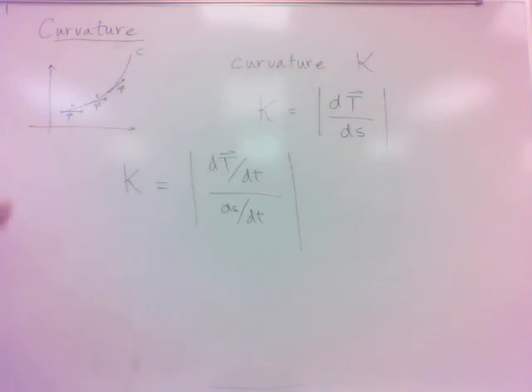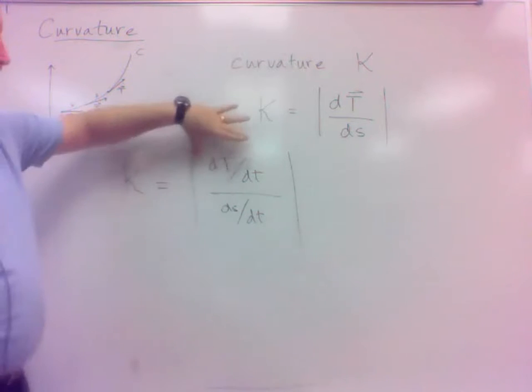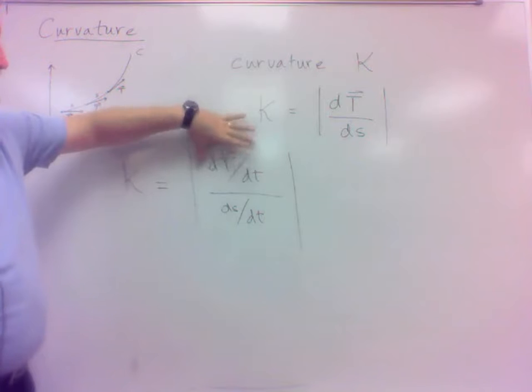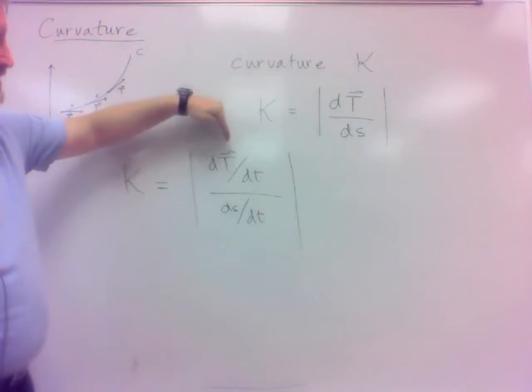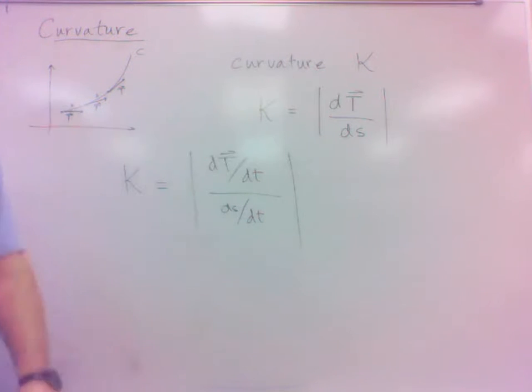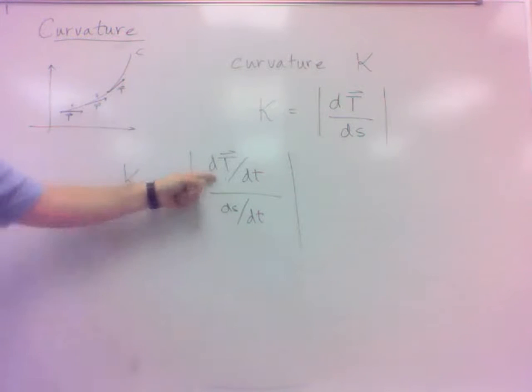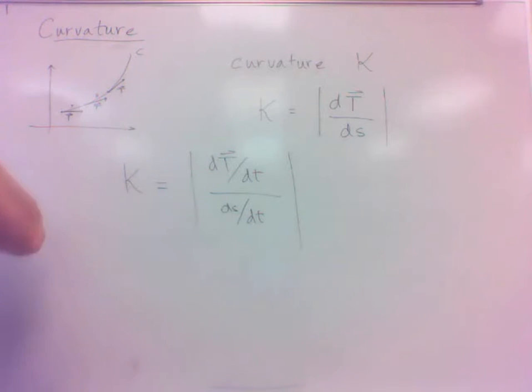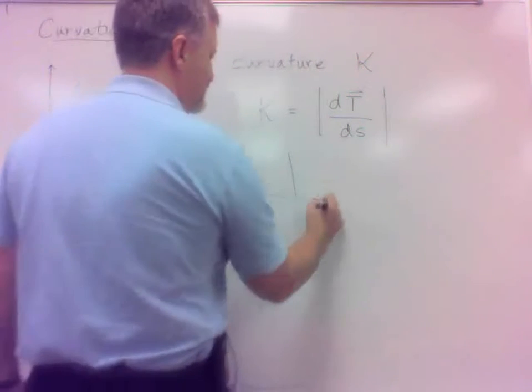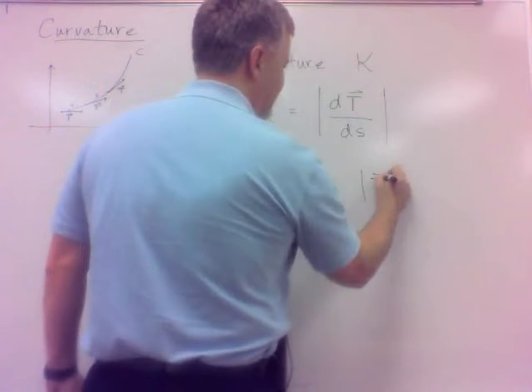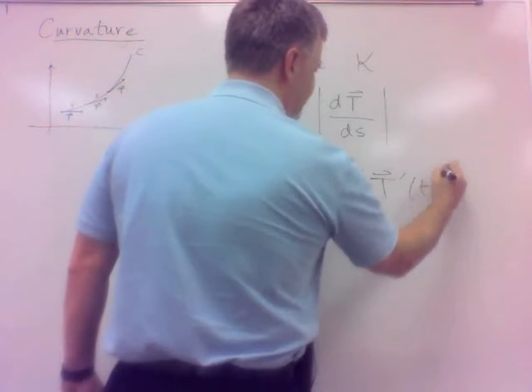All right, well, what is this top thing? The derivative of the tangent vector with respect to time t. What's another name for that? The derivative of the unit tangent vector is just T prime, right? That's the magnitude of T prime.